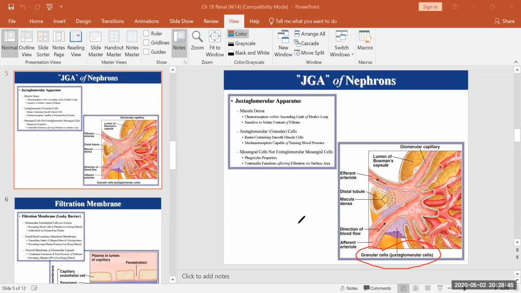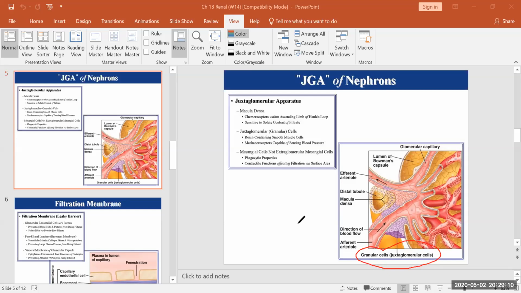Remember I talked about the wall? This glomerulus is a capillary bed. And capillary beds, we learn from anatomy, have thin walls because they are meant for gas exchange and nutrient and waste exchange. So the thin walls are basically allowing efficient exchange.